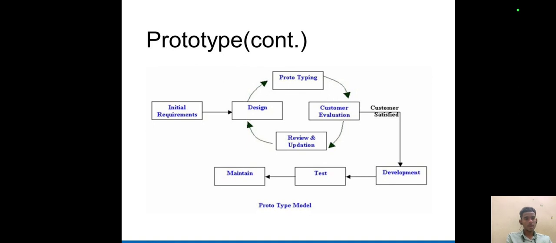One is review and updation. If the customer is not satisfied, then it will go to the review and updation, and it will be redesigned and rebuilt. And another way is if the customer is satisfied, then it will be developed and tested, and it will be implemented in the public. This is known as the prototype model.